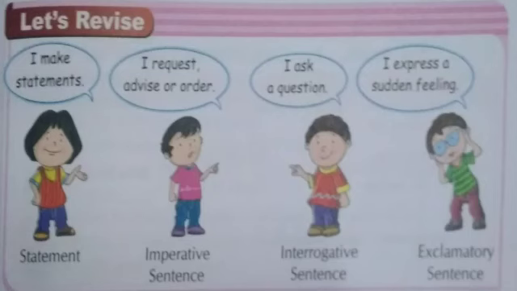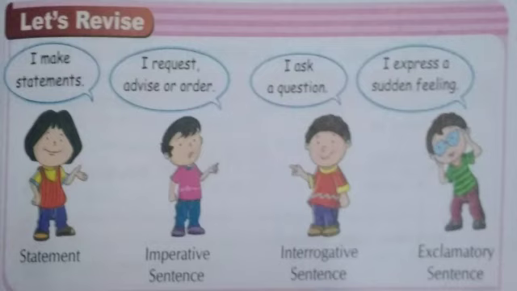Let's revise, dear children. I make statements: it is called a statement sentence. I request, advise or order: it is an imperative sentence. I ask a question: interrogative sentence. I express a sudden feeling: exclamatory sentence.